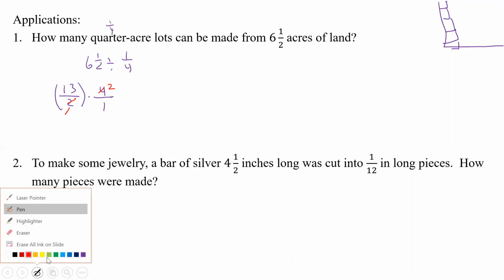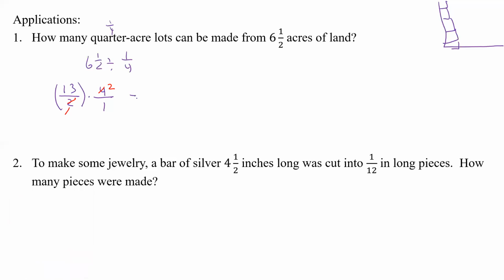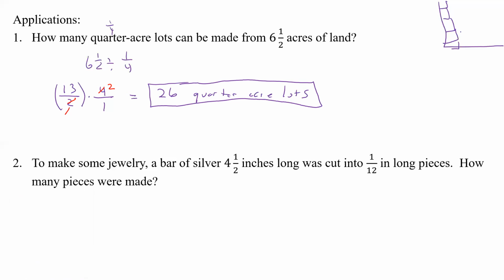And we only have 1 in the denominator, 1 times 1. So 13 times 2 is 26 over 1. So we have 26 quarter acre lots. That's how many quarter acre lots we can create if we split that 6.5 acres up.